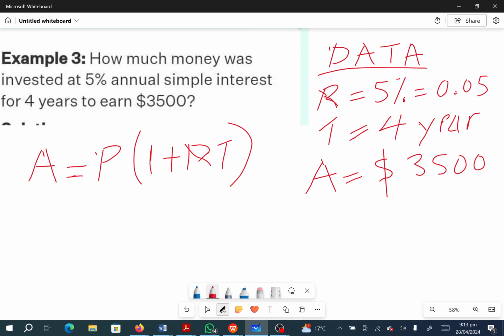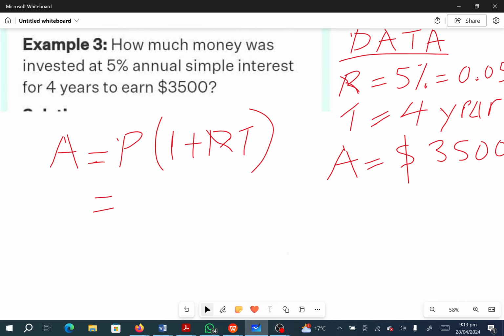Once we have this formula, our next step is to replace our values in it. We already have some values, so we start replacing them. The amount we have as 3,500.